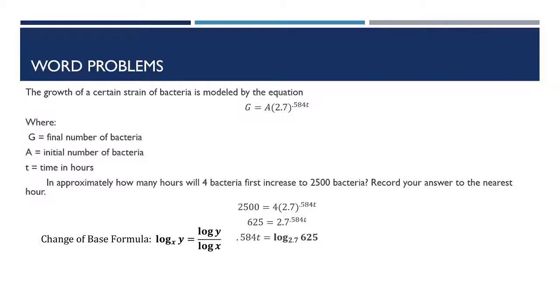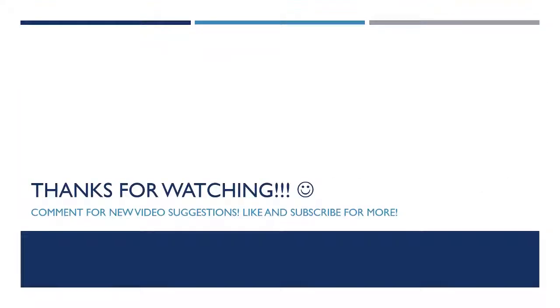We plug in 2.7 for x and 625 for y, and 0.584 times t equals the log of 625 over the log of 2.7. Then put the right side of the equation into a calculator and divide it by 0.584, and t is about 11 hours. And that's it for this video.